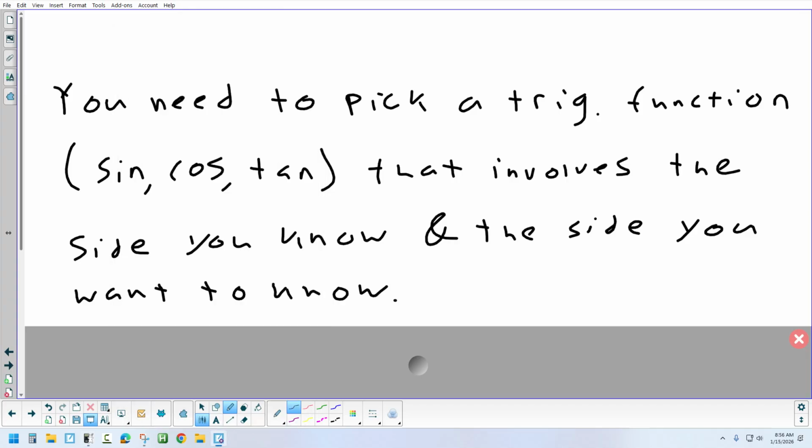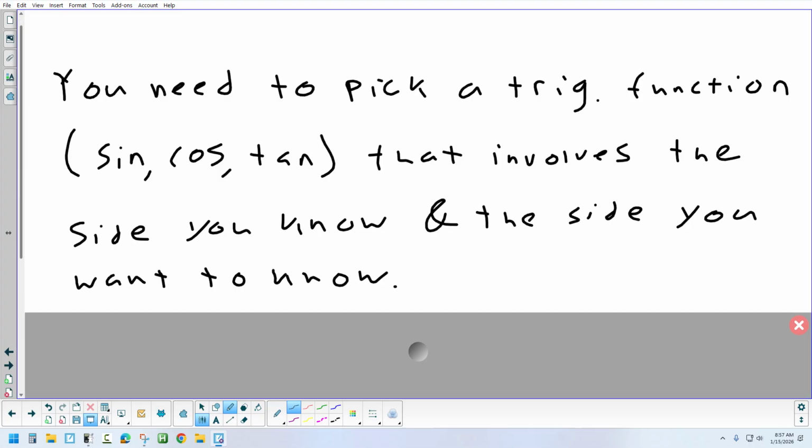Anytime that we're solving a right triangle, one of the things you have to decide on is which one of those 3 trig functions is going to help you find what you're looking for. Right? The way you decide which one you need depends on the sides that you are given.